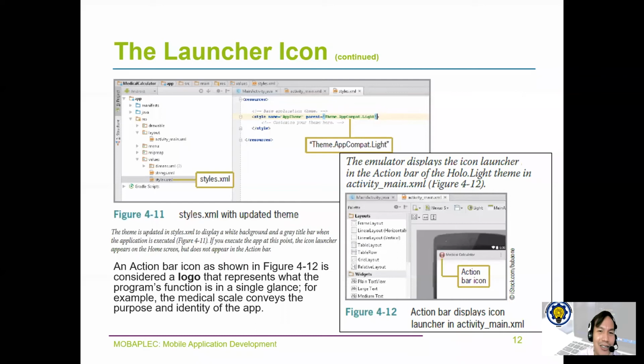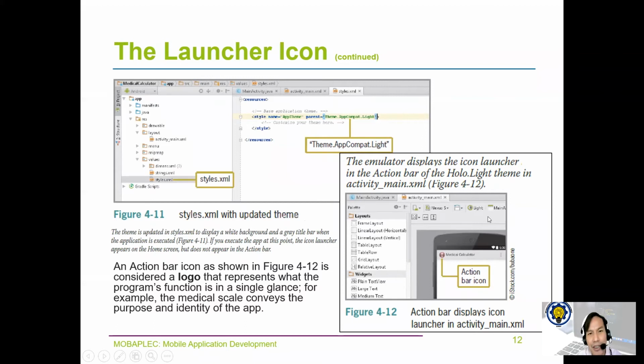So everything associated with XML format is built here in terms of the activity. Okay, clear? So here is the emulator. You could see there's an action bar icon, the medical calculator, that's the icon. Okay, so there's a theme.